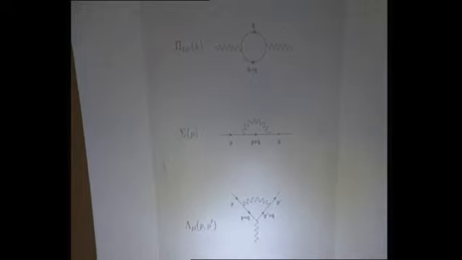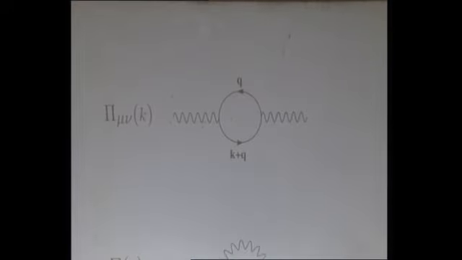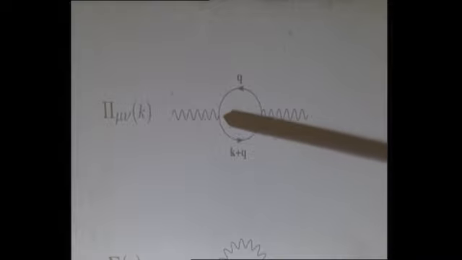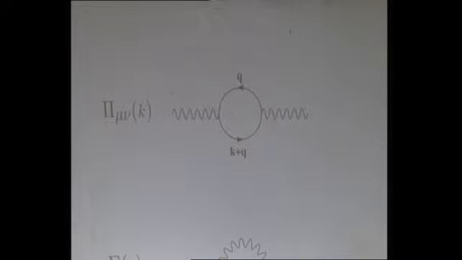There are three kinds of important loop corrections in QED, and here I've indicated the diagrams that correspond to them. First, a photon propagator gets corrections due to fermion loops, which arise when the photon for a certain amount of time splits into a positron-electron pair.